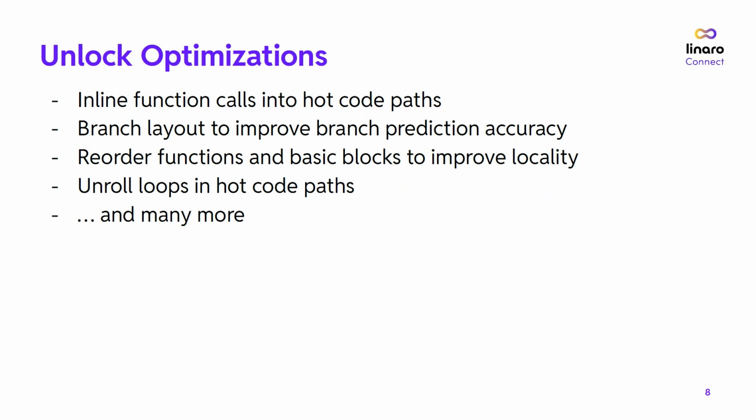Functions and basic blocks can be laid out in a manner that take advantage of iCache locality. The compiler can eagerly do aggressive optimizations in hot code paths. It can do devirtualization, loop unrolling, and such. Or it can be conservative in the cold code paths, because optimizations are always a trade-off, right? Like between code size and performance.